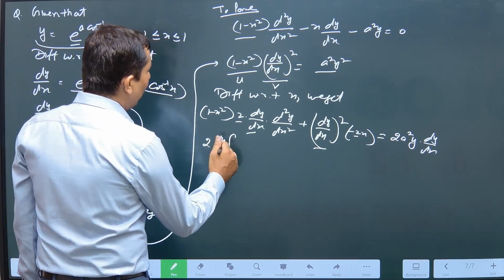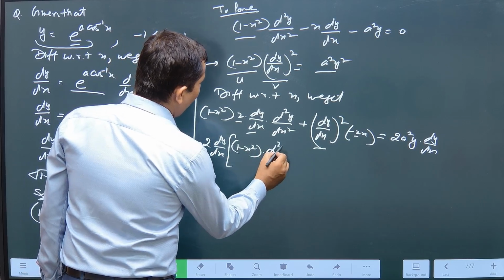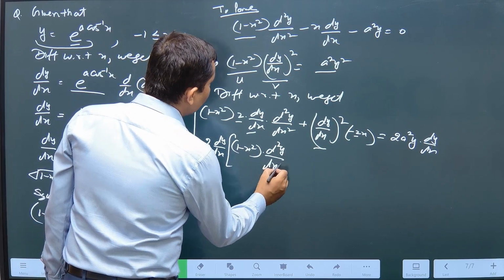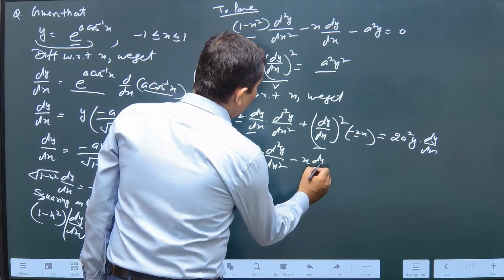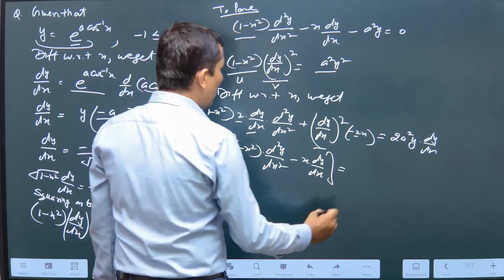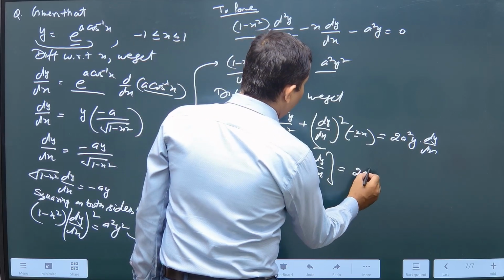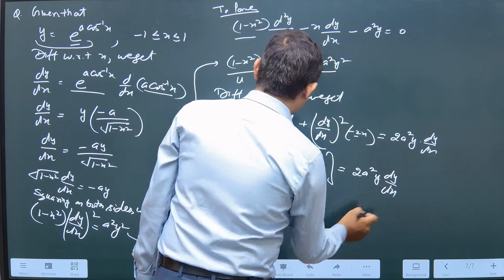Then inside the bracket 1 minus x square into d square y upon dx square minus x dy upon dx is equal to 2a square y dy upon dx.